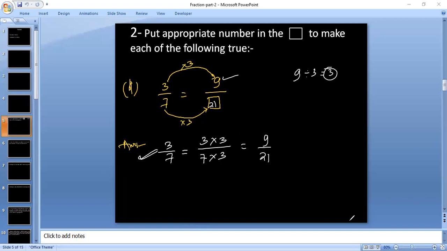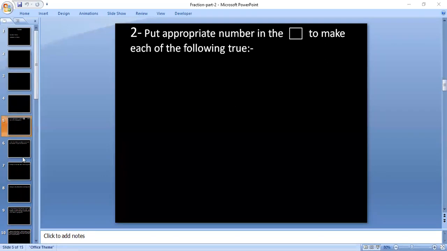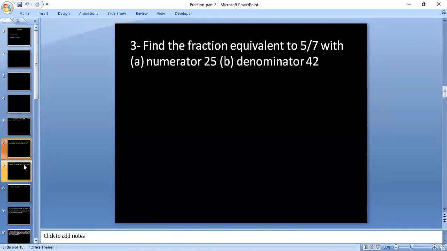Okay, then you go to the next number, that is number 2.